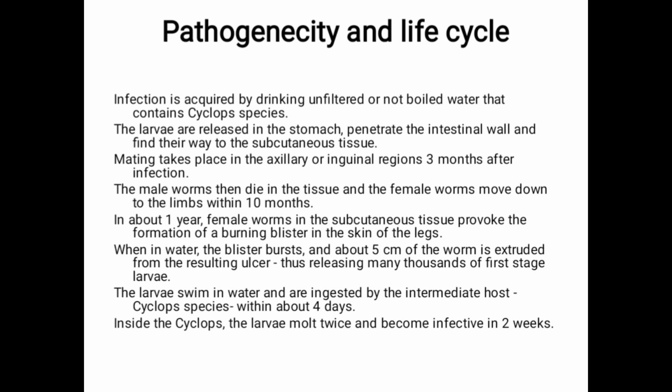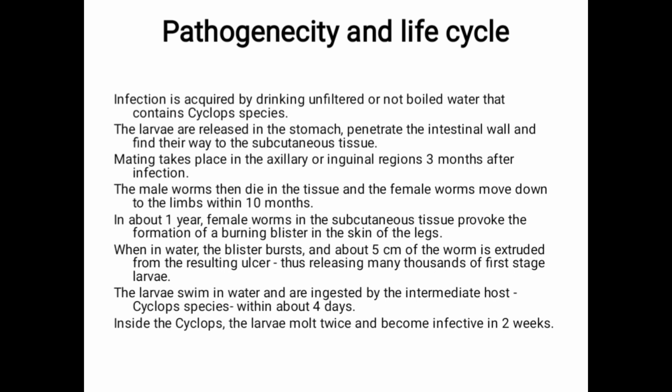When in water, the blisters burst, and about 5 centimeters of the worm is extruded from the resulting ulcer, thus releasing many thousands of first-stage larvae. Those are the young ones. When the blister bursts, the young ones are released into the water.